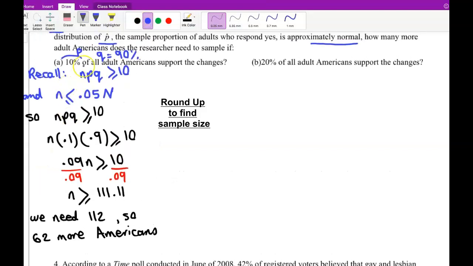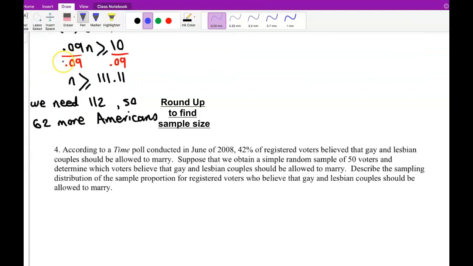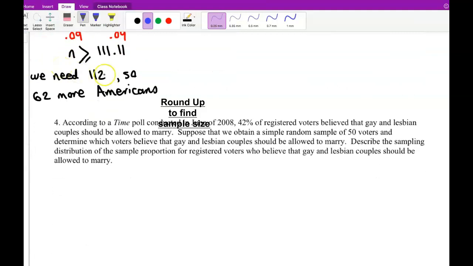We already had n equal to 50 as the sample size, and what we need is actually 112. So 112 minus 50, that means they need 62 more Americans.